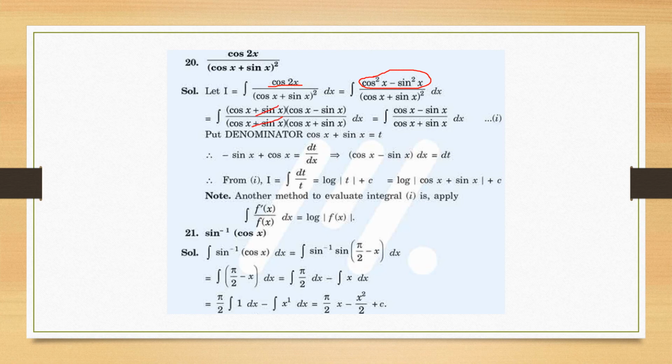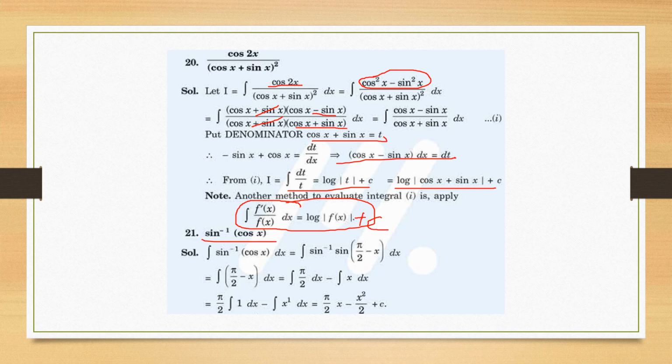One of them cancels, and now if you put the denominator as t, the derivative is your numerator and it changes to dt by t, which is log mod t, so log mod cos x plus sin x plus c. Or we can see that it is of the form integral f dash x upon fx dx, whose integral is log mod fx plus c.